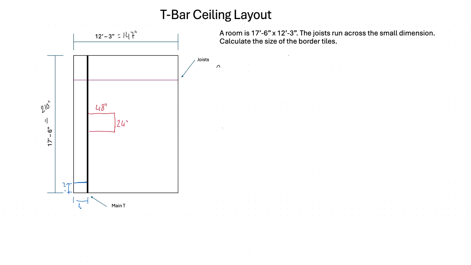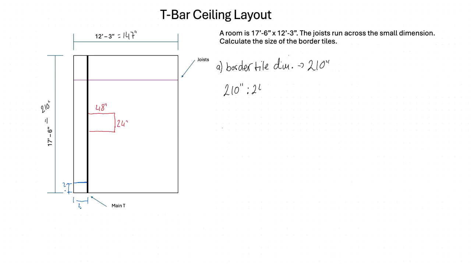So we want to find the border tile dimension in the 210-inch direction. So that is the long way of the room. What do we do? Well, we take the length of our room, 210 inches, and we divide it by the width of our panel, which is the 24 inches.